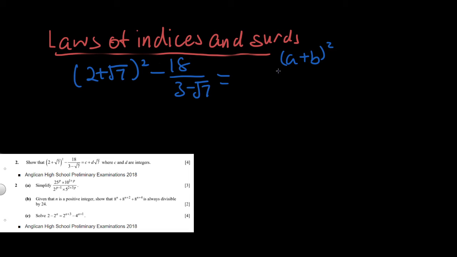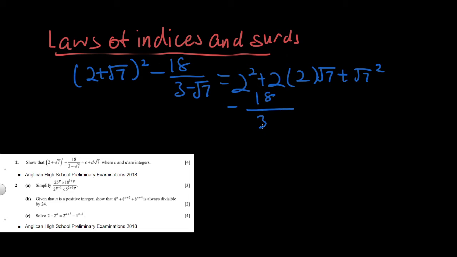If you want to prove this, you can just expand it out normally. But I digress. So this will be 2 squared plus 2 square root 7 plus square root 7 squared, minus 18 over 3 minus square root 7. We don't touch this fraction until we finish with everything outside.